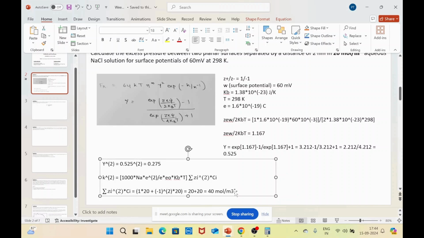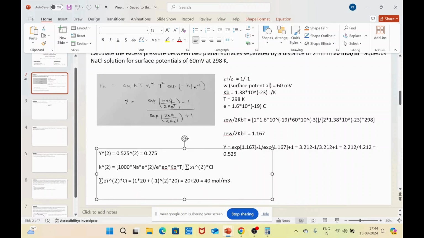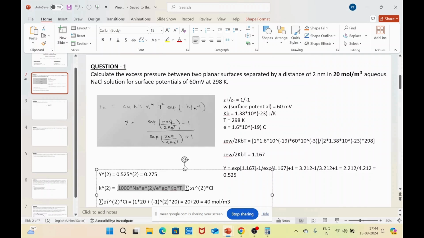So this kappa square, then, we have this expression. Oh, sorry, I forgot to mention the dielectric constant is 78.4.